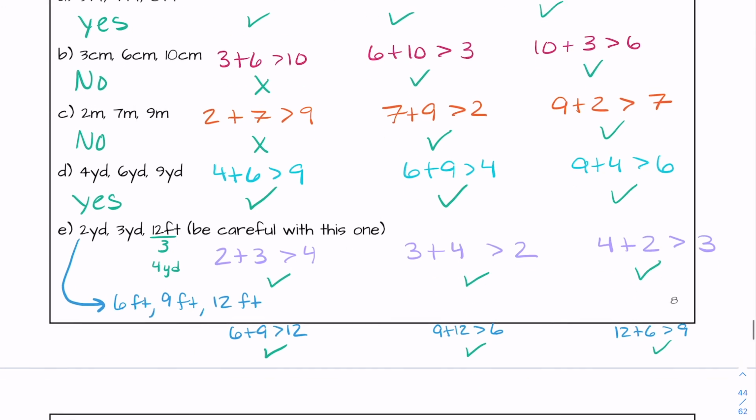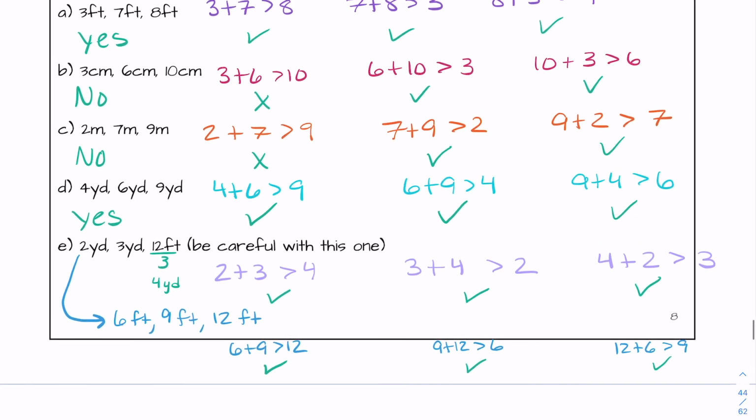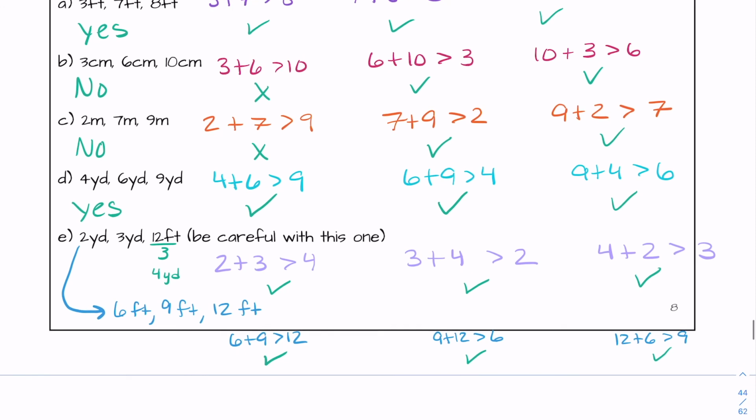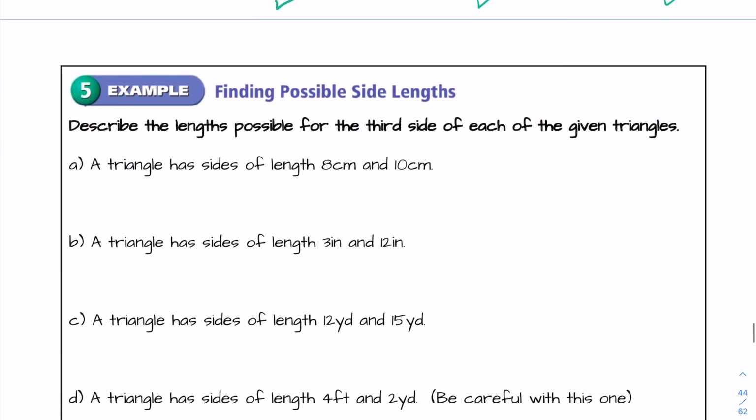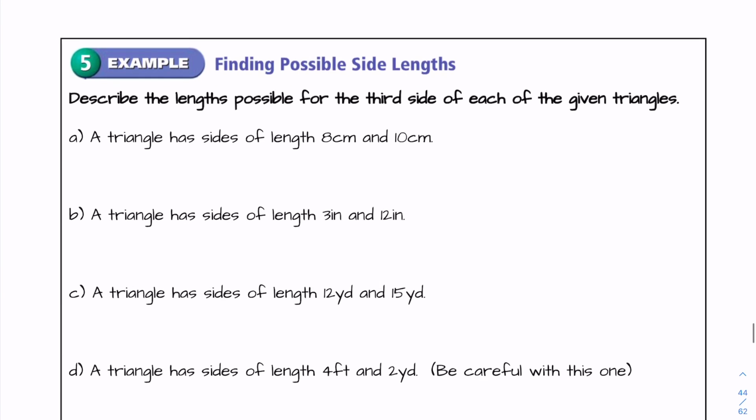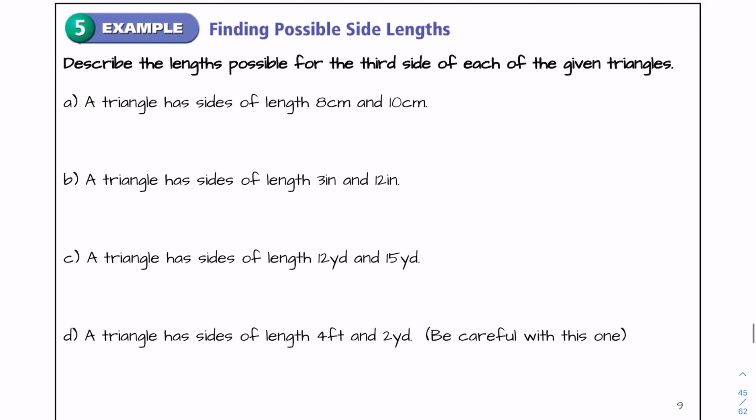Alrighty. So now we will go to the next one. We have finding possible side lengths. So in this case, you're finding a third side length. All right. Describe the length possible for the third side of the given triangle.